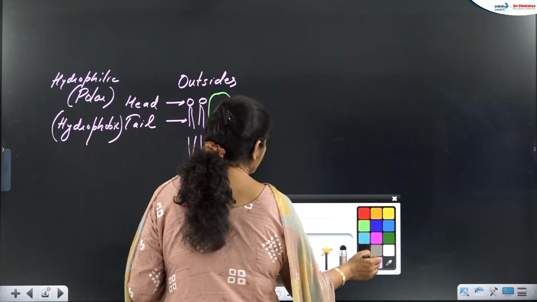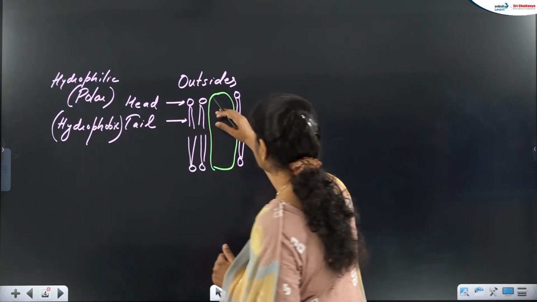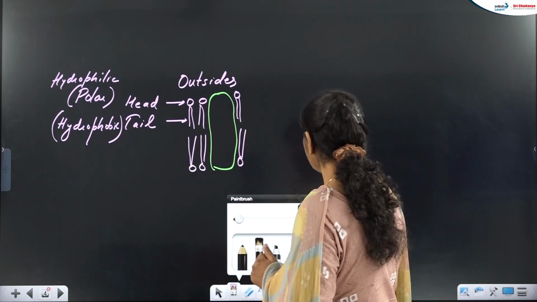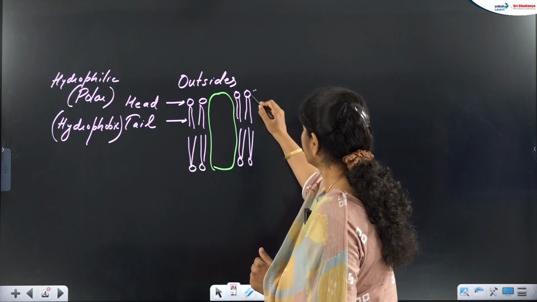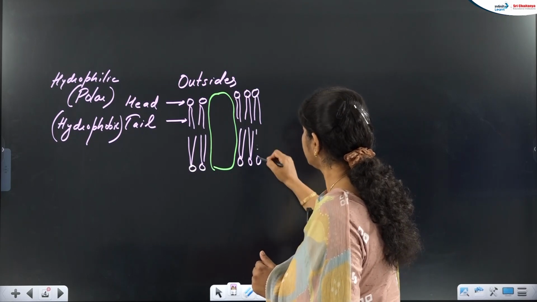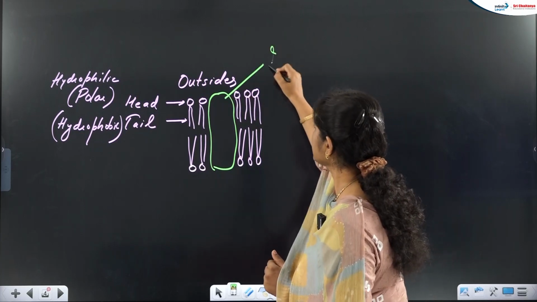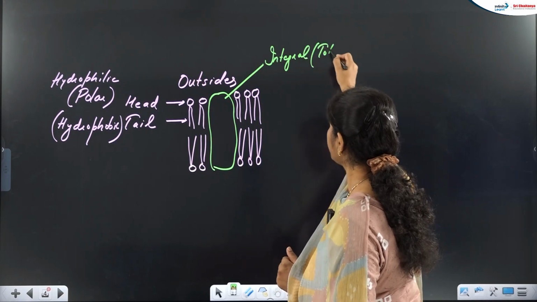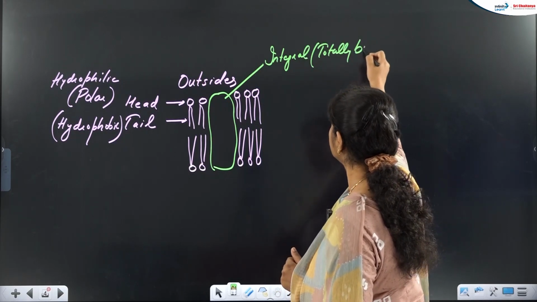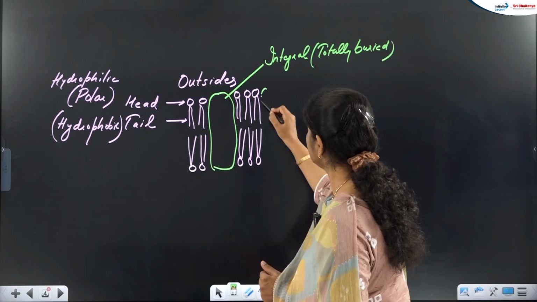If the proteins are embedded throughout from the upper layer to the lower, you call it completely embedded proteins, right? So what type of protein have I drawn here? This is an integral protein which is totally embedded or totally buried, right? Some are partially embedded, like this one.